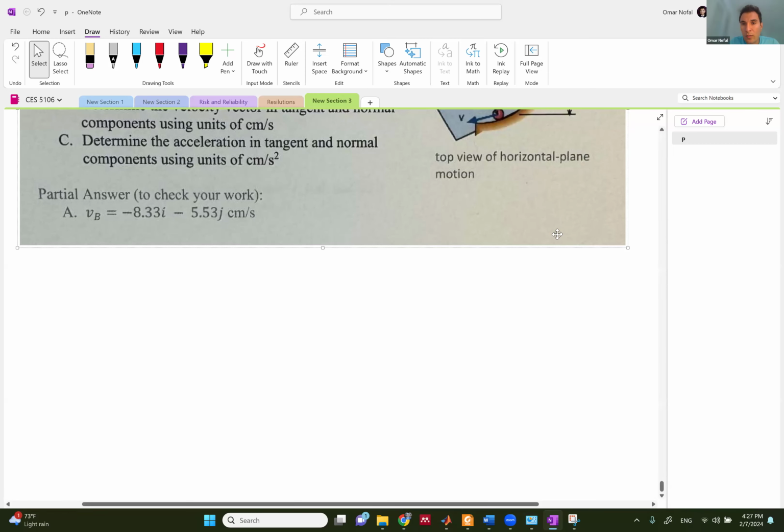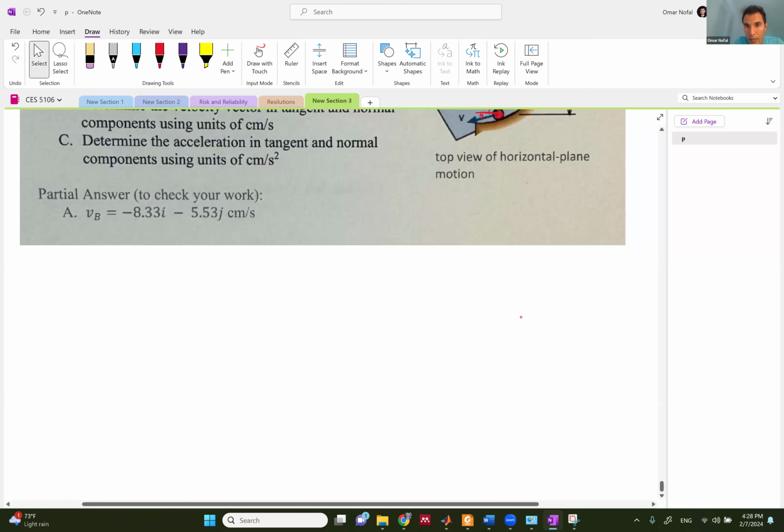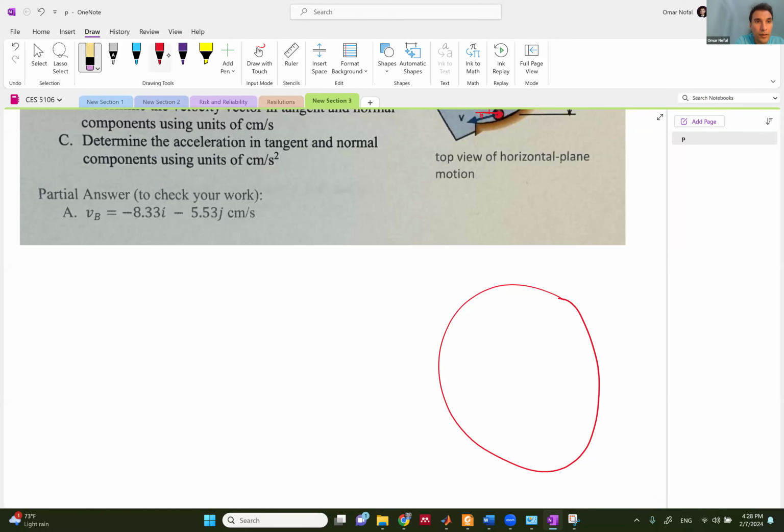So I know the location of my body. It's here. What I want to do is get the angles that the velocity has at this location. To do this, I need to find this angle. If I find this angle, I know that this and this add up to 90 degrees. So let's take this body out. Let's say we have this circle, and actually it's not a full circle, but anyway.